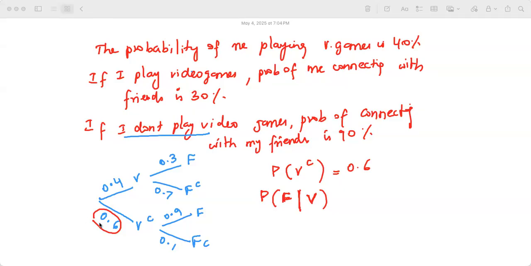Now, what is the probability of F pipe V? Who can explain this to me? What is the probability of me connecting with friends given that I played video games? Who can tell me the answer for this one?